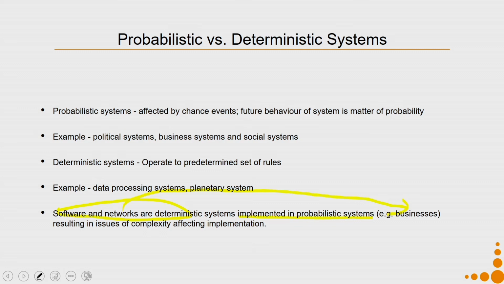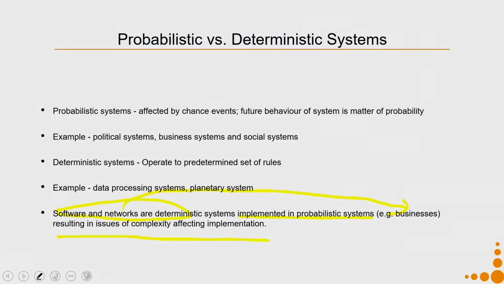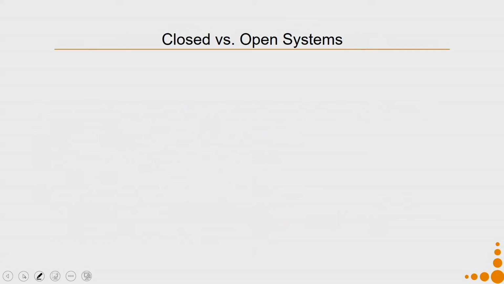My business system is probabilistic and my software is deterministic. So I can have situations in which deterministic systems are implemented in probabilistic systems, resulting in issues of complexity affecting implementation.